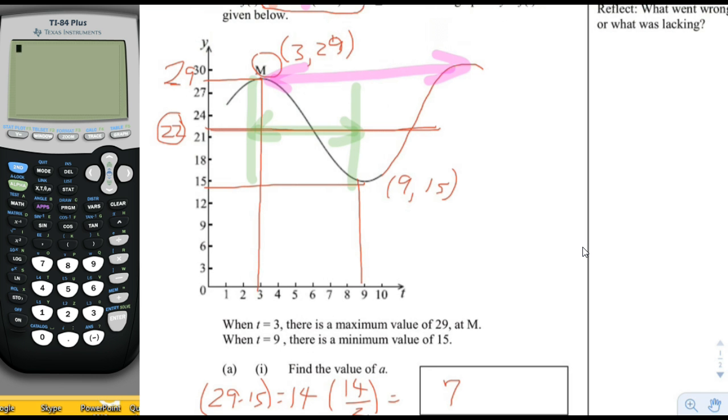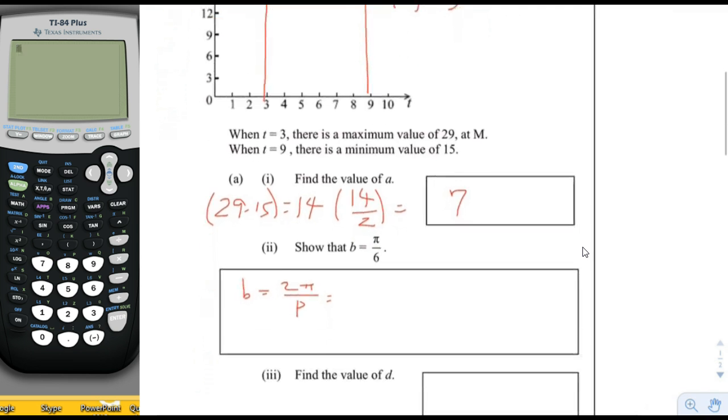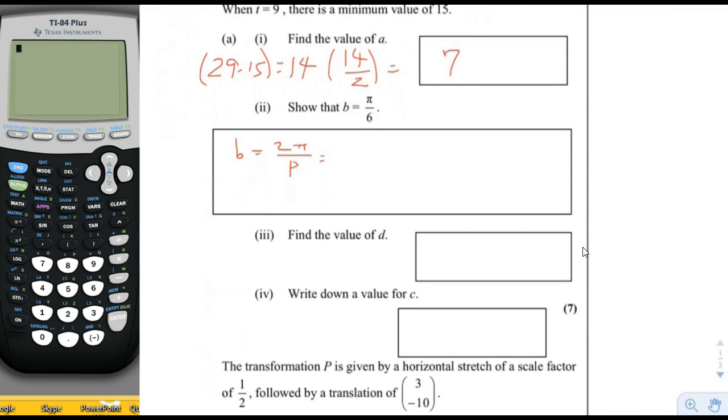Let's see, the maximum is at t equals 3, the minimum is at t equals 9, so that would be 6, right? 9 minus 3 is 6, right? And so that's half the period.